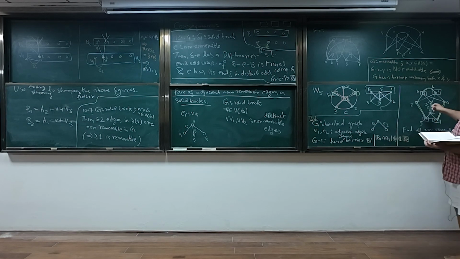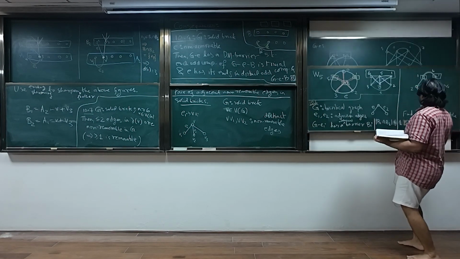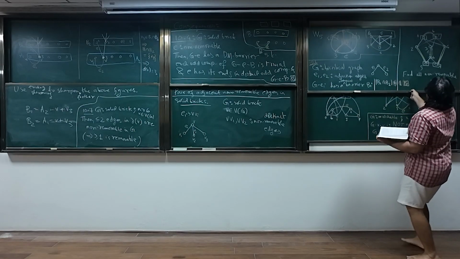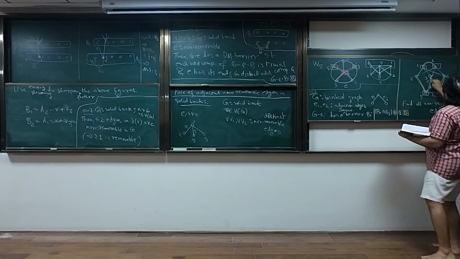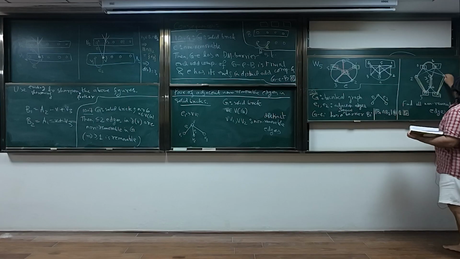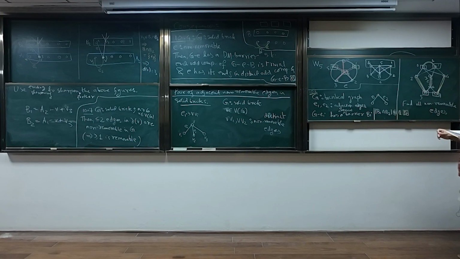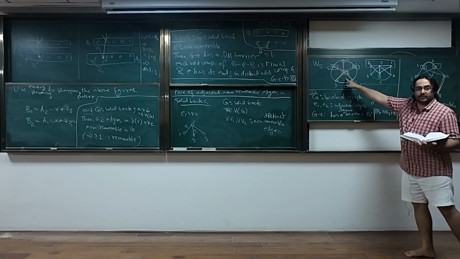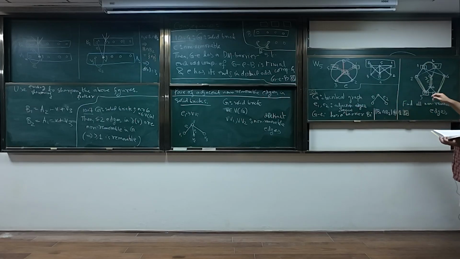Let's look at this fellow. The removable edges are basically everybody except the pink edges. All edges except the pink edges are removable. Here the removable edges are the pink edges, so I'm using opposite conventions.